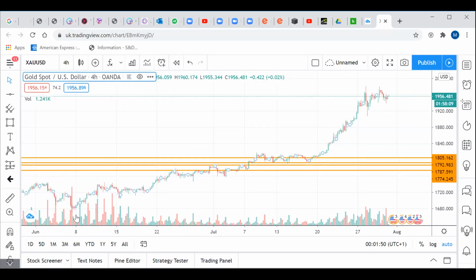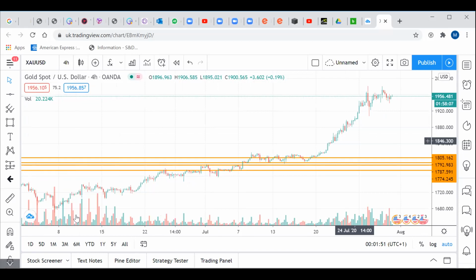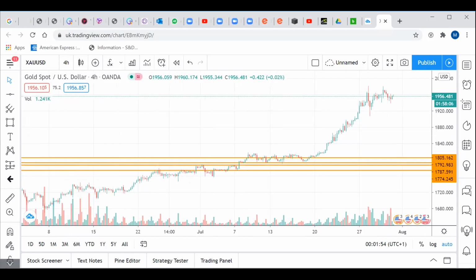Gold is one of those pairs that really respects the support and resistance zones in terms of looking for breakouts and retests. Gold does that, and if you're not careful with gold and you go in too late, it will be very punishable.